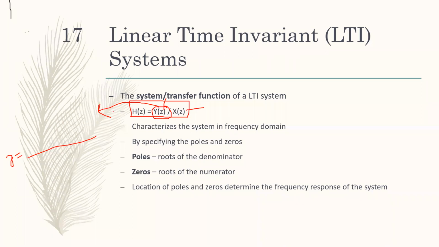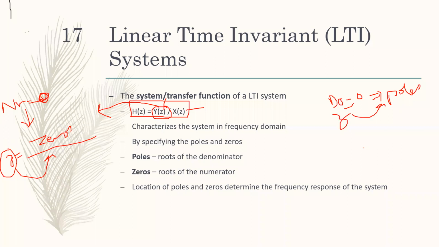When I equate the numerator to 0 and get the values of z, these are called the zeros of the system. And if I equate the denominator to 0 and obtain the values of z, these give rise to what are called poles.